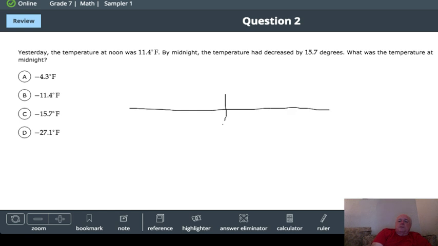So we have 0. Okay, at noon, it was 11.4. Okay, it decreased by 15.7.